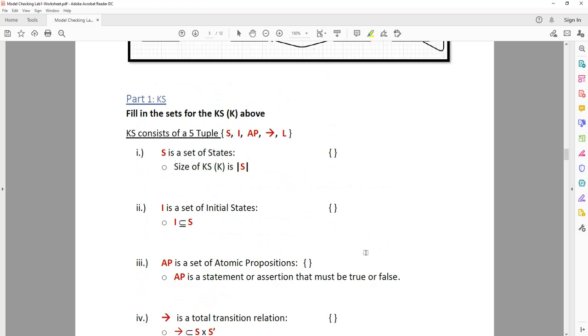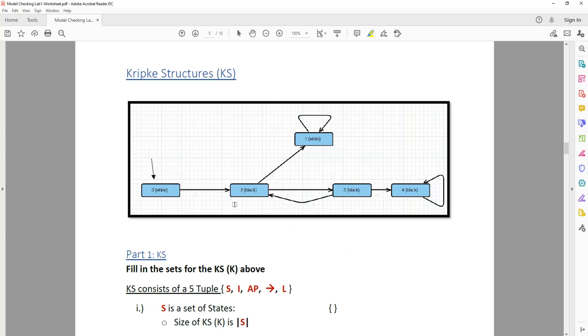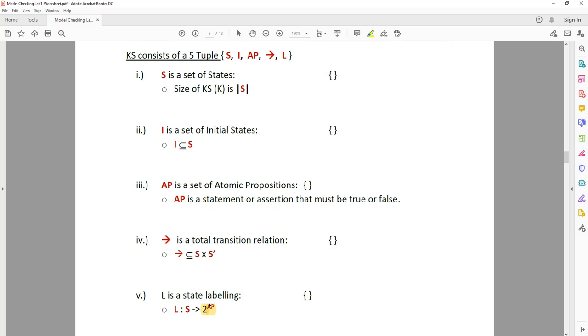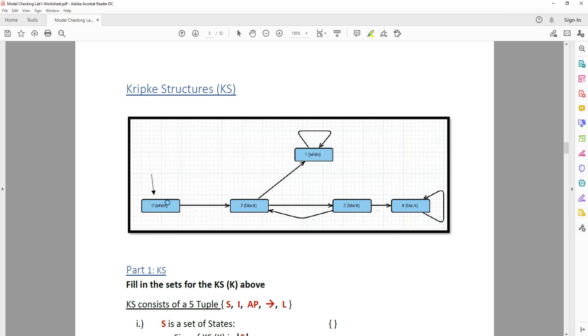So let's explain. We have atomic propositions white and black, so 2 atomic propositions. 2 to the power of 2 gives us 4. So in every single state, we can have 4 different types of labeling.